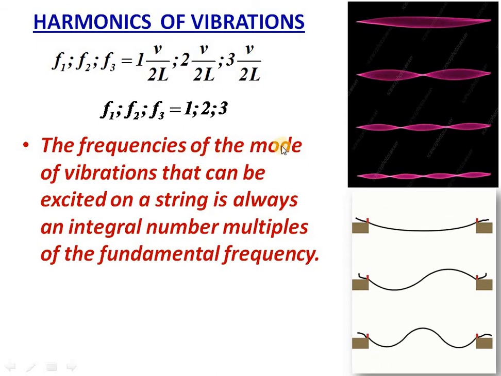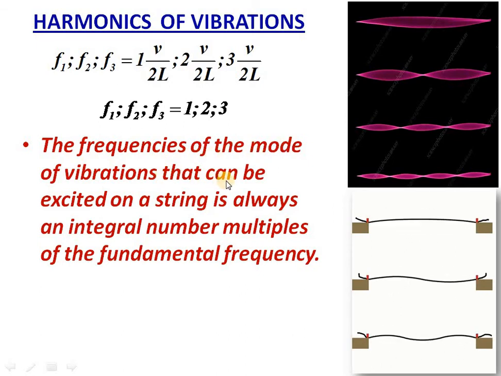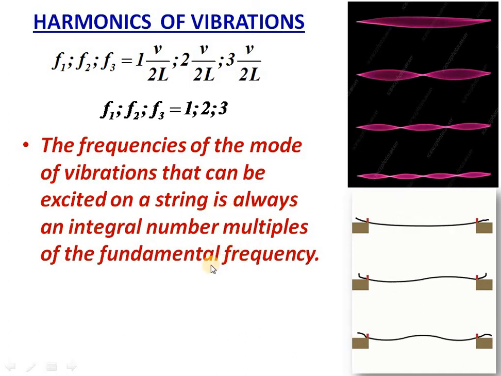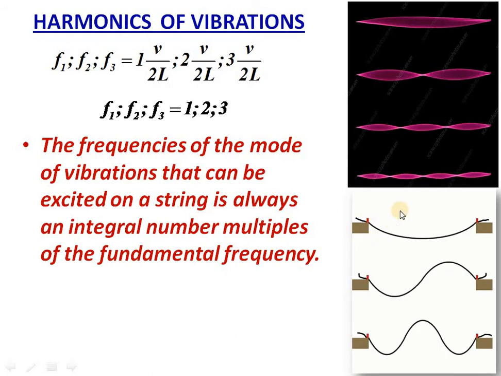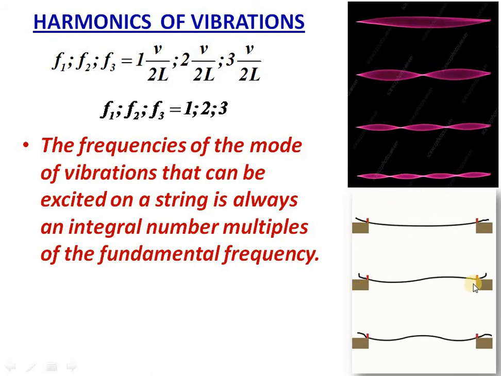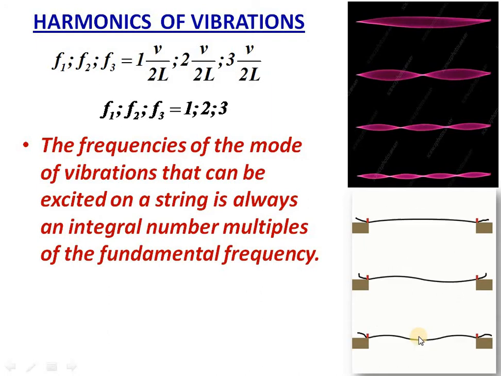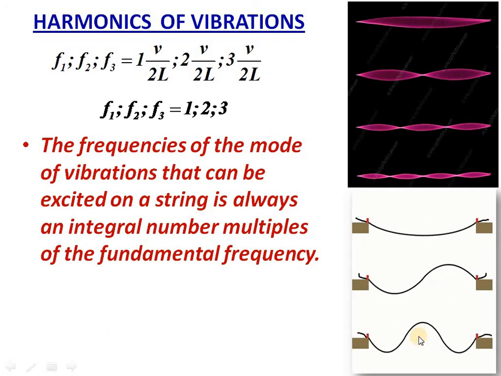The frequencies of the modes of vibration that can be excited on a string are always integral multiples of the fundamental frequency. Suppose this is vibrating at 5 Hertz, the second one will be vibrating at 10 Hertz, and the third one at 15 Hertz.